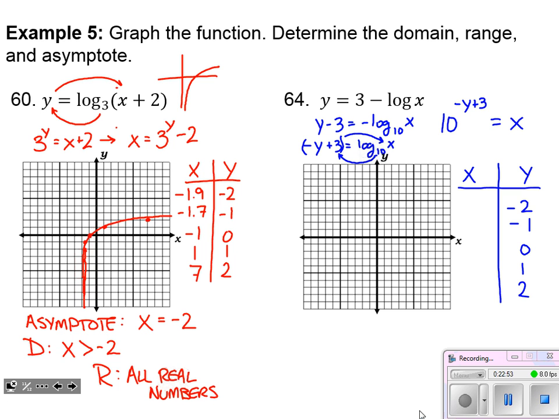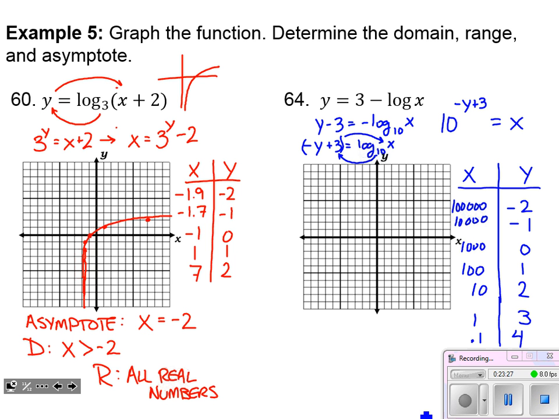At -2, I've got 100,000. At -1, I've got 10,000. At 0, I've got 1,000. At 1, I've got 100. At 2, I've got 10. And I better put in some more y values here and find the x's that go with them. When the y value is 3, my x is 1. And at 4, my x is 1/10, or 0.1.